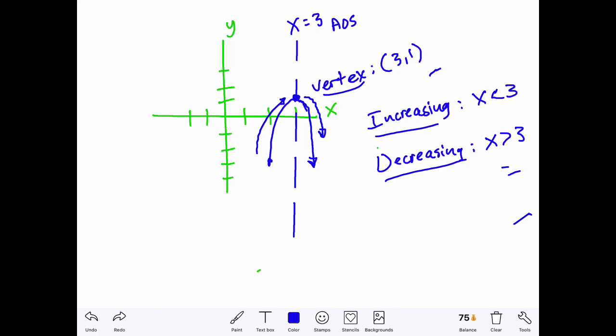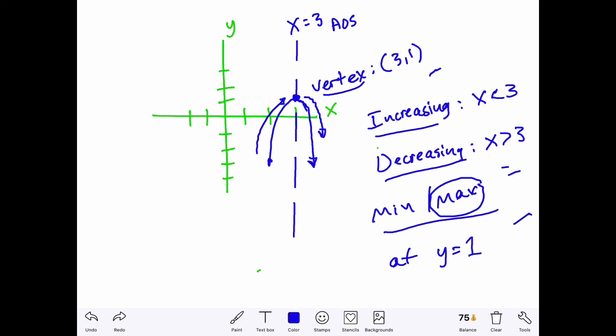Okay, do we have a min or a max? Well, this one opens downward, so it's got to be a maximum. And that's at where? At y equal to 1. Remember the y value of your vertex here.